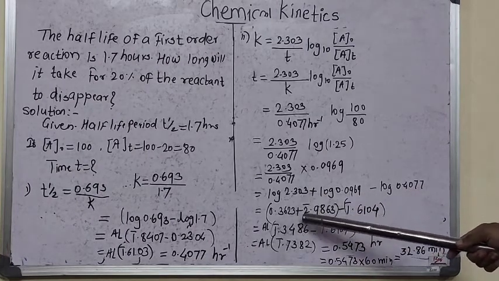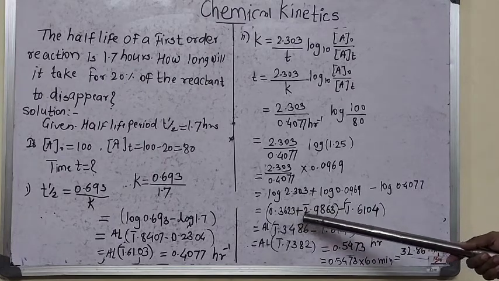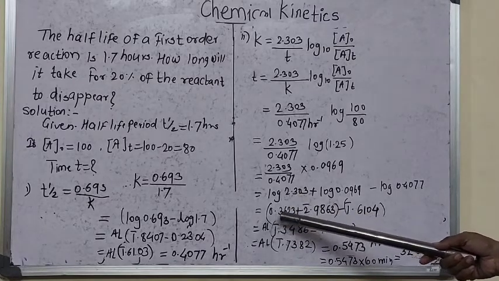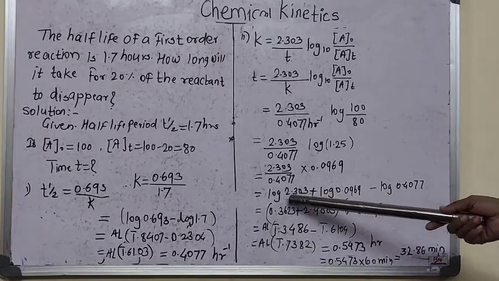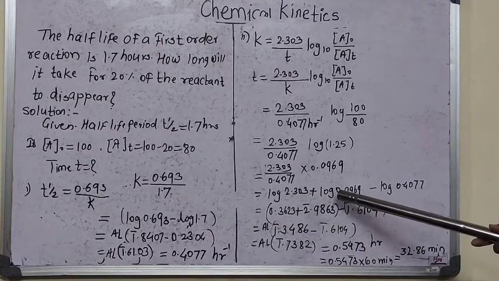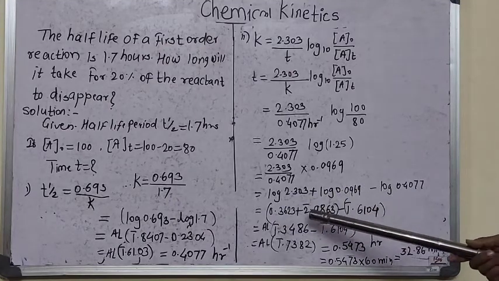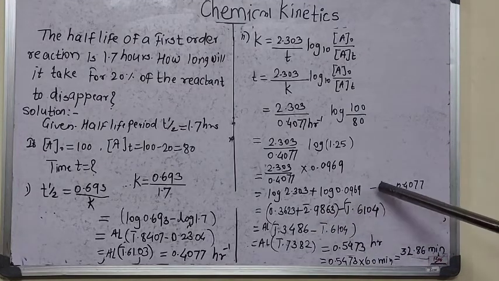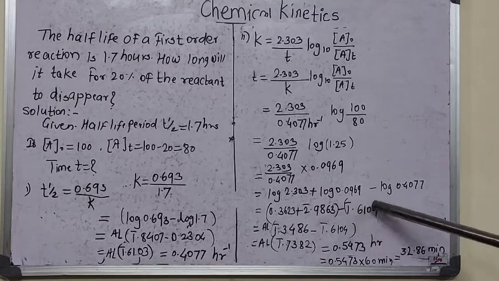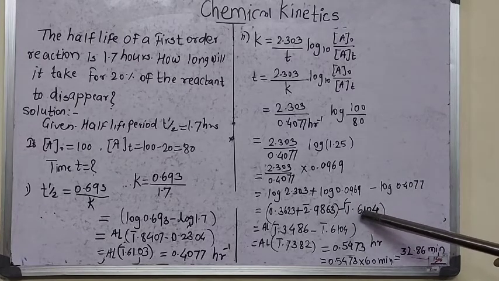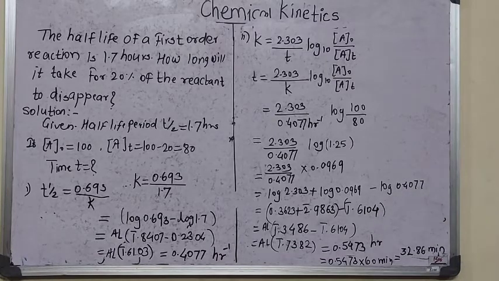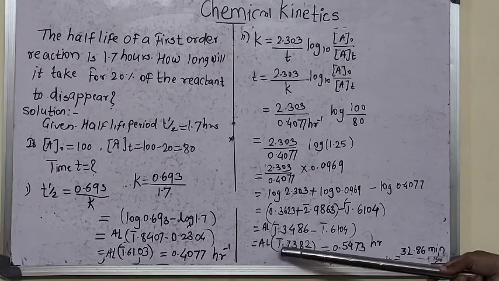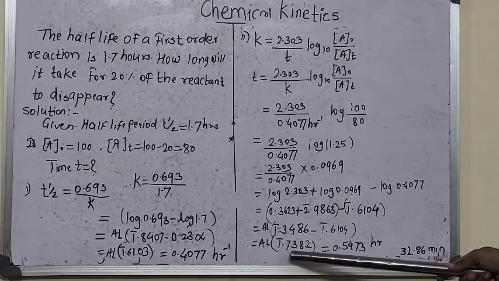With the help of the log table, we see the log of these particular numbers. For 2.303, the log is 0.3623. For 0.0969, the characteristic is bar 2 and the log is 0.9863, and minus, for 0.4077, the characteristic is bar 1 and the log is 0.6104. Solving this one, we are getting bar 1.7382. So we have to take the antilog of this one.